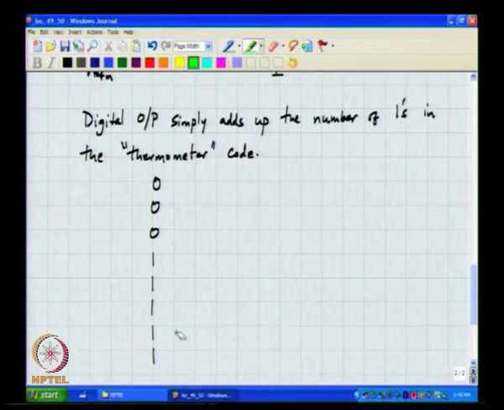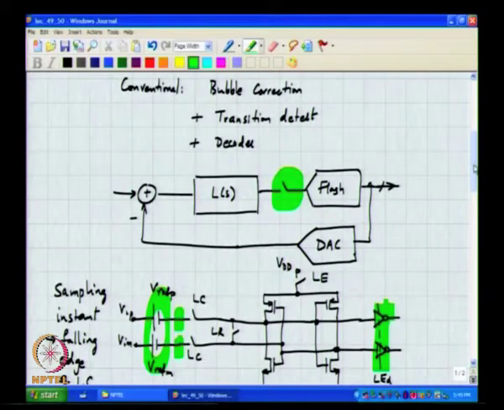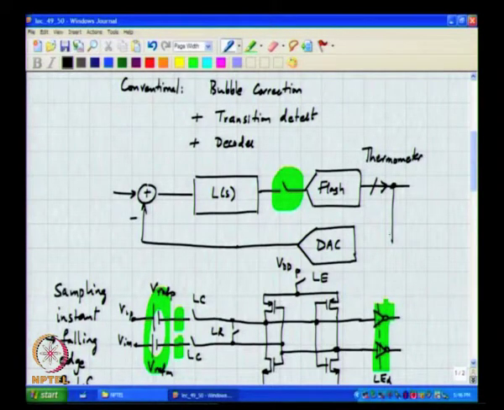Okay. Now, this addition of these ones to give you the binary code does not have to be done within the loop, you understand. So, the output of the sigma delta loop can be simply the thermometer code that comes out of the comparator array, as long as the DAC is happy to receive the thermometer code.